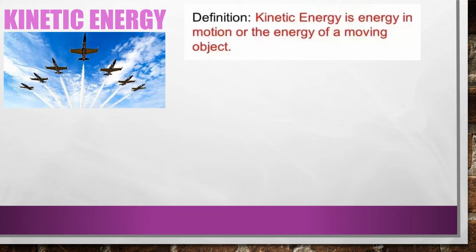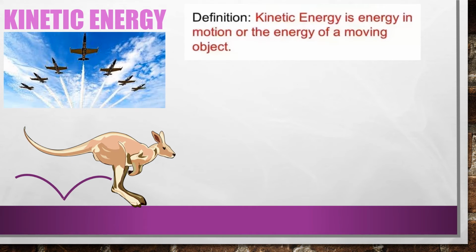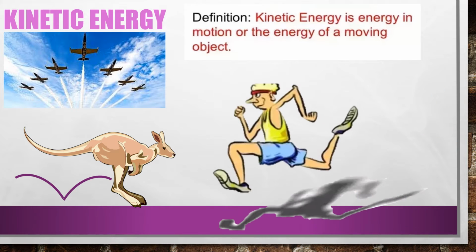Generally, we think of things like something flying through the sky. It's moving through the sky. It's kinetic energy. Or animals getting around like the kangaroo hopping. It's showing a kinetic energy because it's in motion. You and I can show motion. Some people like running. I think it's a little crazy myself. But some people enjoy it and they are showing motion.